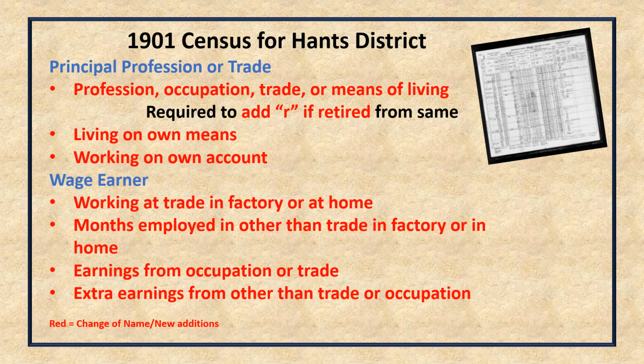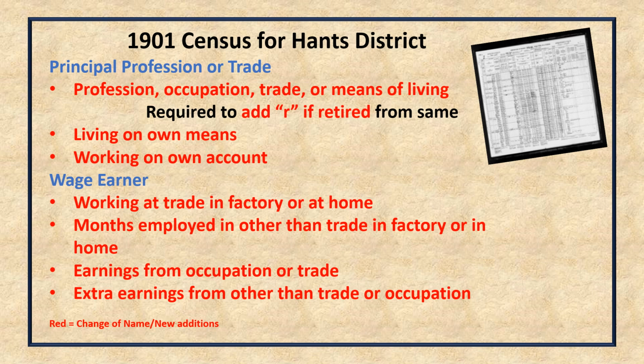And they want to know if the person is retired, adding an R if that's the case. Working on own account is also new, meaning employed by self, and living on own means would relate to those whose working days may be over and or they have the financial means to support themselves, which might include shipbuilders or captains, doctors, lawyers, and the like.